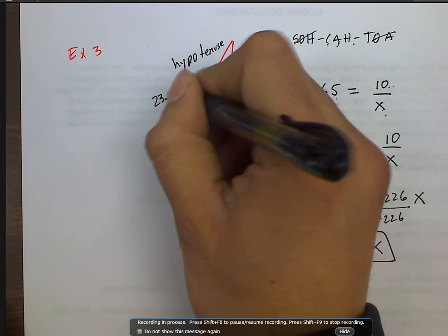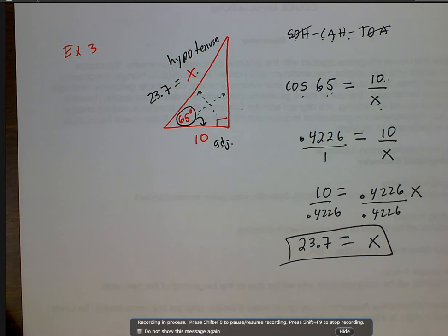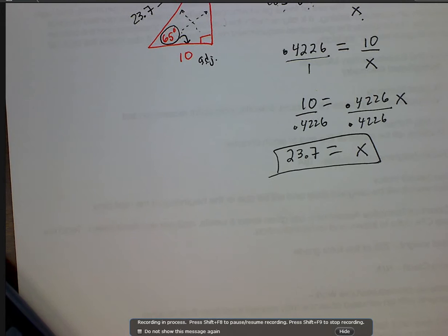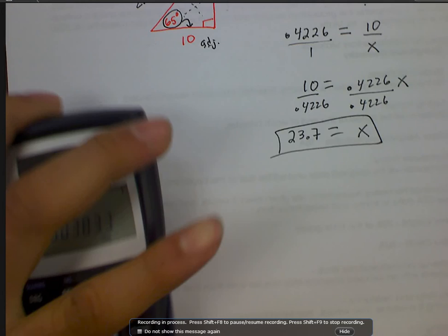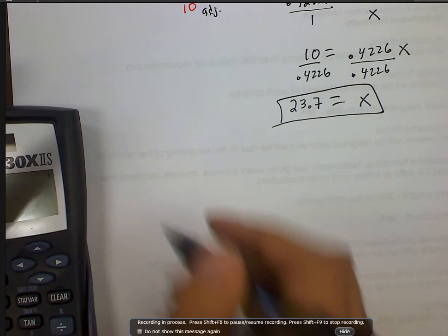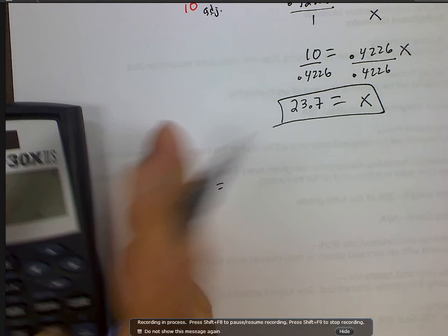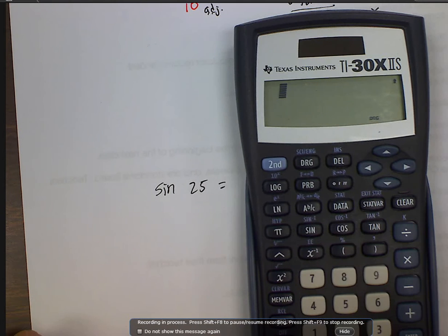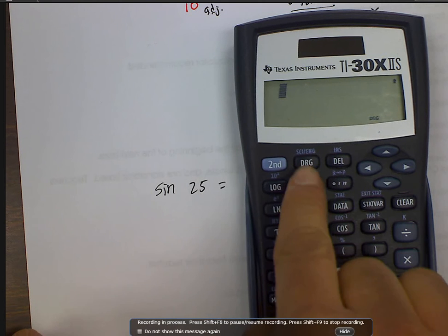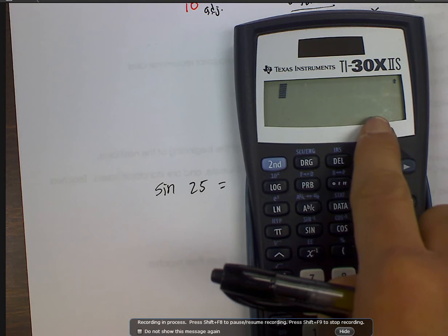Now that's pretty much what we are going to be doing in class for those 2 lessons. But now let's just do a quick check. Make sure that when you're finding sine of any angle, so let's do sine of 25 with your calculator, you are in degrees. You see how you have DRG here on this calculator? You have to be in degrees, otherwise you're going to get a different answer.